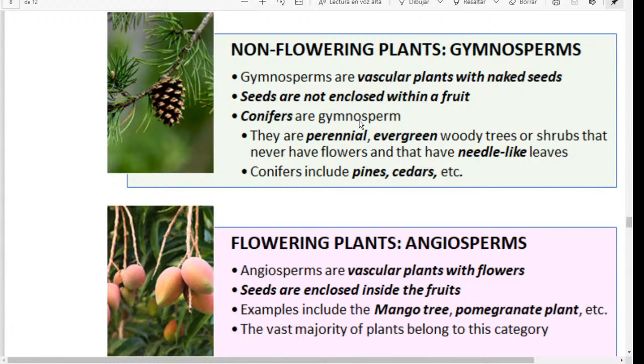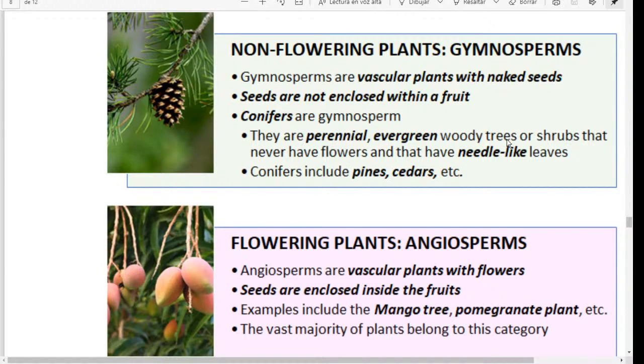Conifers are gymnosperms. These are conifers. Why? Because this is kind of cone in Spanish. Eso es una especie de cono y por eso se le llama conífera, conifers in English. And attention, they are perennial. That means that all year long they have leaves. They are perennial, evergreen. Evergreen is the same.